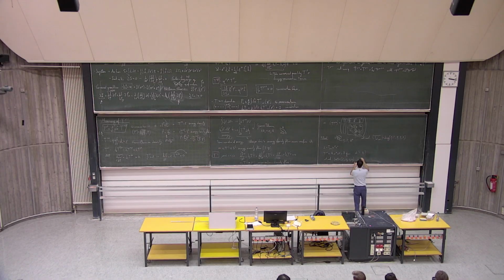What we are going to have is T00 equals A u0 u0 plus B eta 00. But we know what u0 and u0 are: c. We know what eta 00 is: minus 1. Therefore, that's equal to c squared A minus B. And that must be equal to rho c squared.